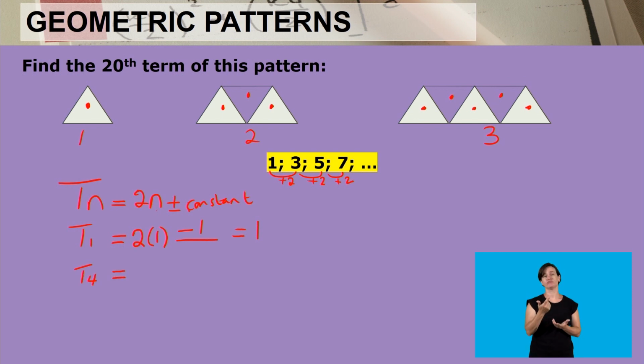The fourth figure, even though it's not shown here, we know will have 7 triangles there. So this is going to be 2 multiplied by 4 because we are working with the fourth figure or the fourth term. Then we need to add or subtract a constant so that we get to 7. Now 2 multiplied by 4 is 8, and we can simply subtract 1 so that we get to that 7.